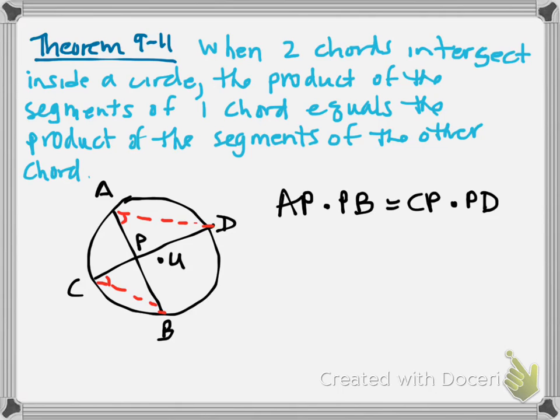And then we've got the reverse going the other direction, where the angle coming out of D cuts off the arc AC, and the angle coming out of B also cuts off the same. So we can get those two that are going to be congruent. So through the angle-angle similarity postulate, we can get those two triangles similar to each other, so then their corresponding sides are going to be in proportion, and then we would do cross products and get our answer here. So that's how they go about doing that one.